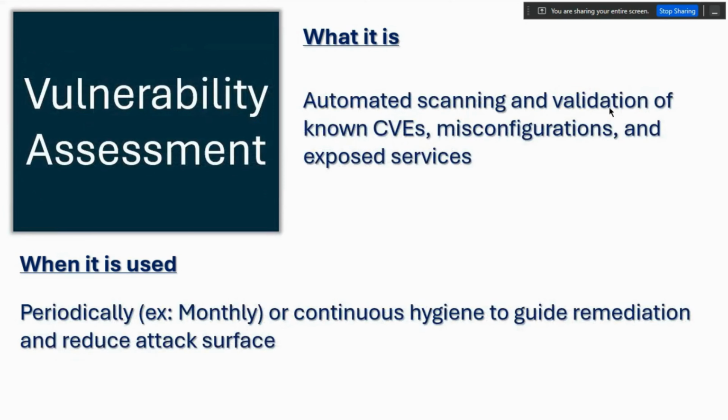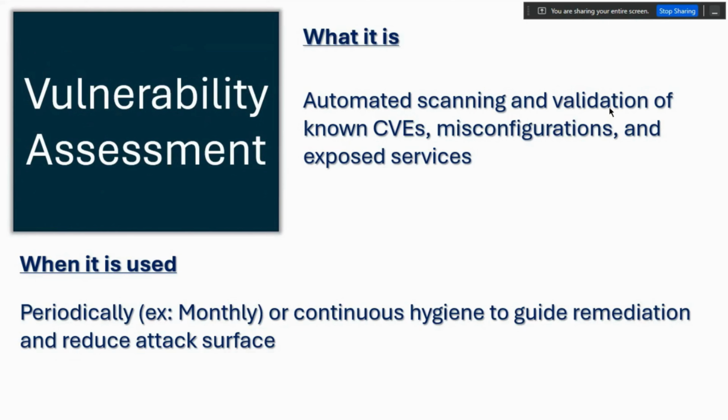Third, vulnerability assessment. This is the core topic of today. What exactly is that? Automated scanning and validation of known CVEs. Please highlight and mark the words known CVEs alone. For example, a vulnerability assessment can't be expected to detect zero-day vulnerabilities. Examples are misconfigurations and exposed services.